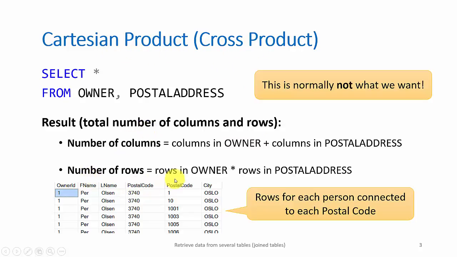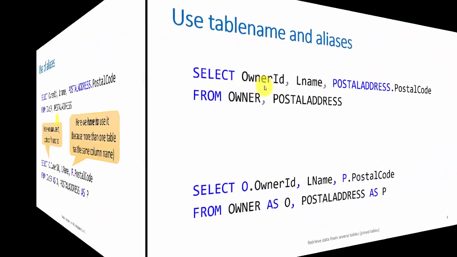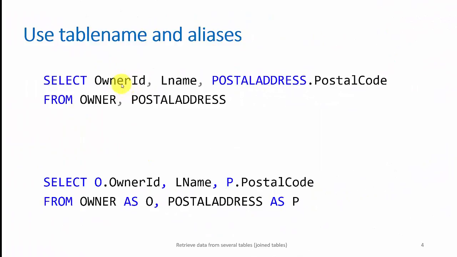Normally we will in the select part only select some of the columns, and we will normally also use a where statement to specify a kind of filter that results in a return of only some of the rows. When we specify the column names in the select part, we can normally use the column names directly, like owner ID and L name here.